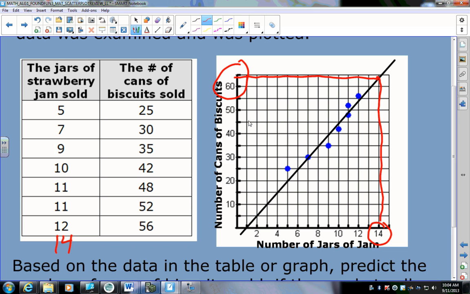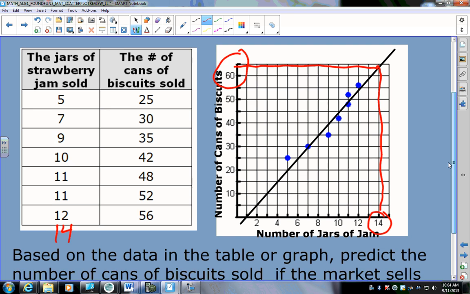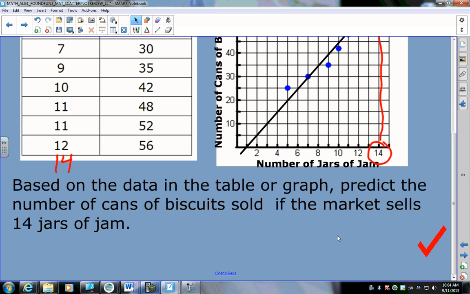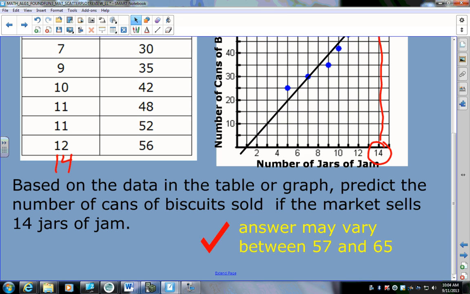No information is going to be an exact number when you're trying to make a prediction because it depends on how you graphed your points and how you drew your trend line. Your answer choices will say something like between 57 and 65. Because when I go to grade these parts of the test, I have to look and see where you drew your trend line, how you drew it, and where you got your information from.